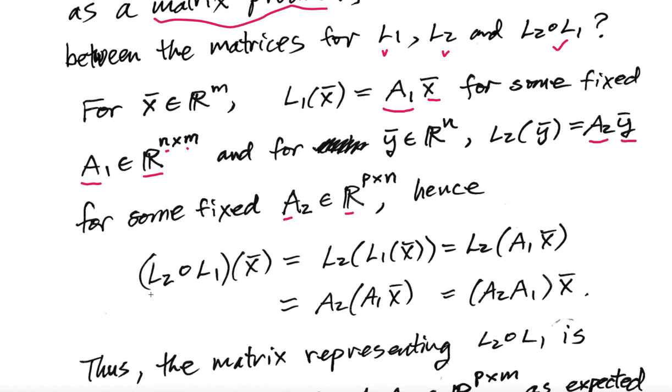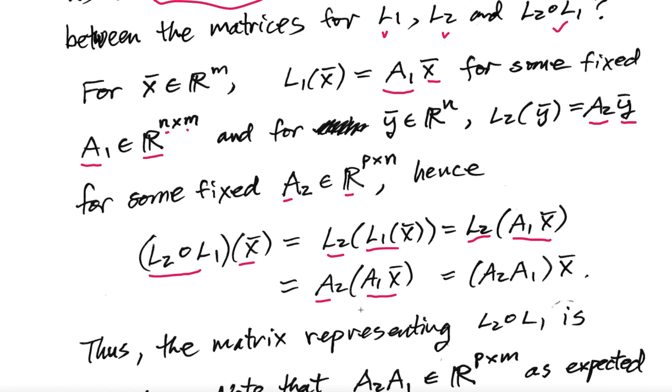Now the composition of these two means this: instead of L1 of x, I'll write A1 times x, and then that drops into L2, but instead of L2 I'll write A2 times A1 times x.